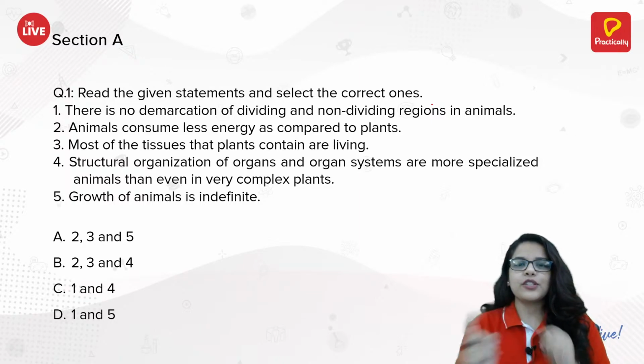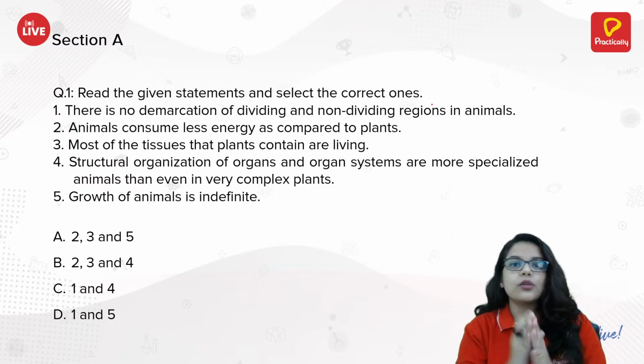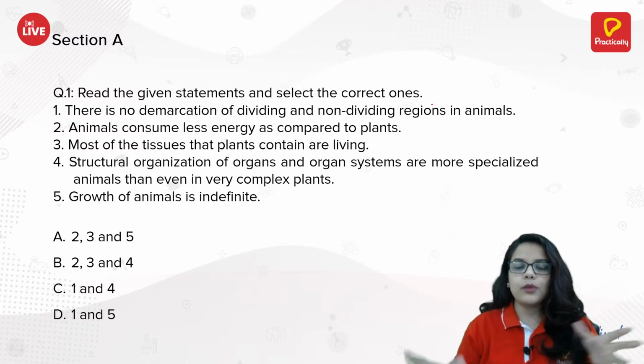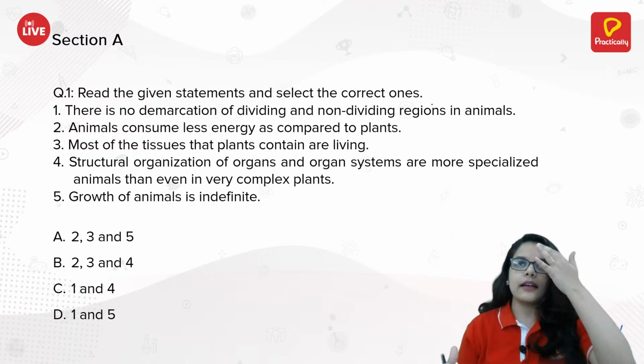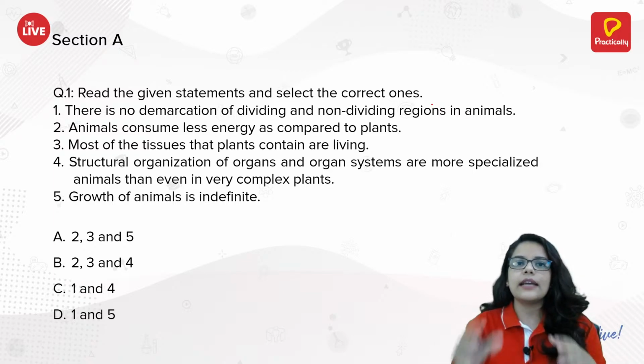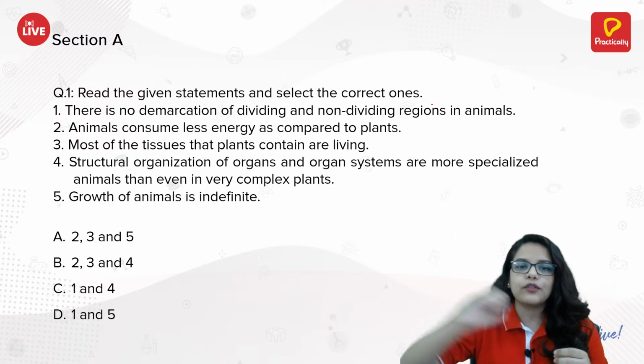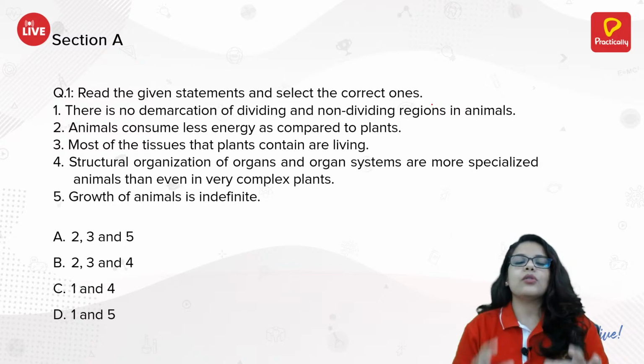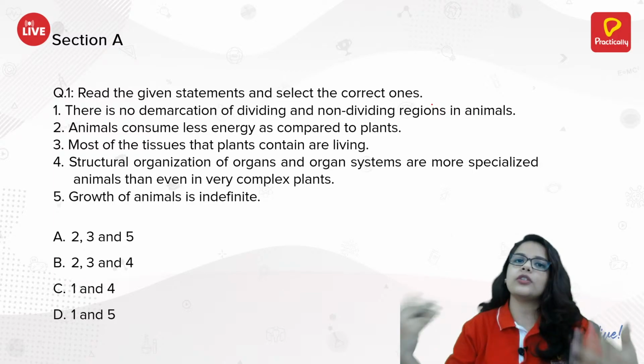Now, the question paper is divided into 3 parts. The first part, section A, is for direct questions. Directly they'll ask you a question and give you 4 options, and you have to pick the correct option. Section B is basically for assertion and reasoning.